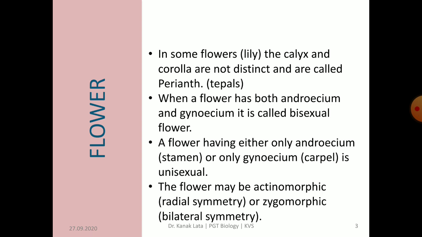Bisexual means both androecium and gynoecium are present in a flower, whereas in a unisexual flower either androecium or gynoecium is present. Further, a flower may be actinomorphic, having radial symmetry, or zygomorphic, having bilateral symmetry. This we will discuss later on. What is the difference between actinomorphic and zygomorphic flower?